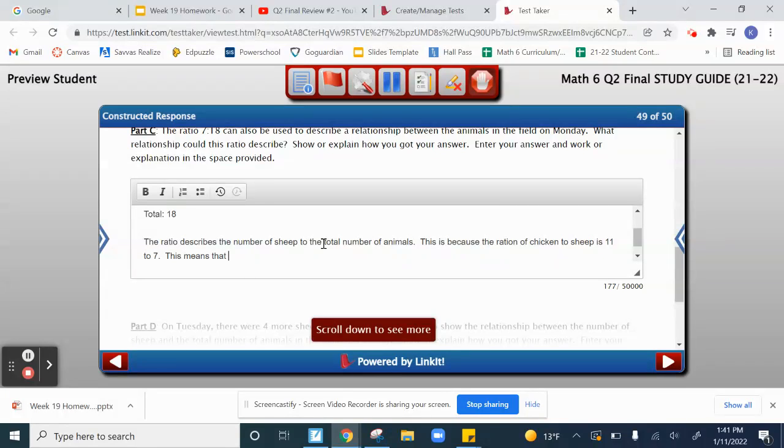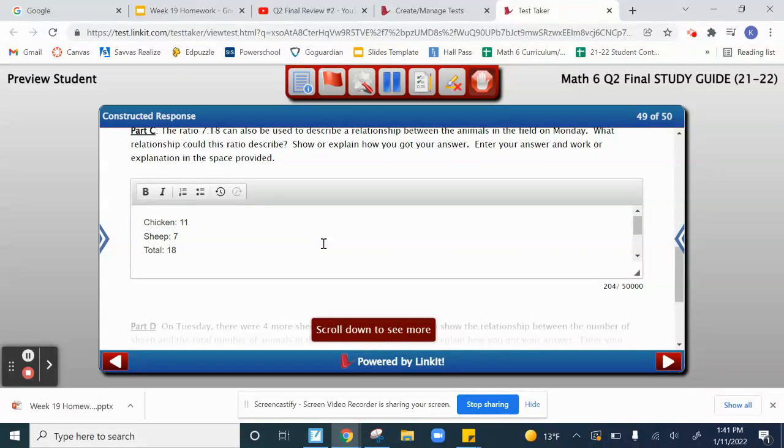This means that there is 18 total animals. And then the 7 would represent the number of sheep.